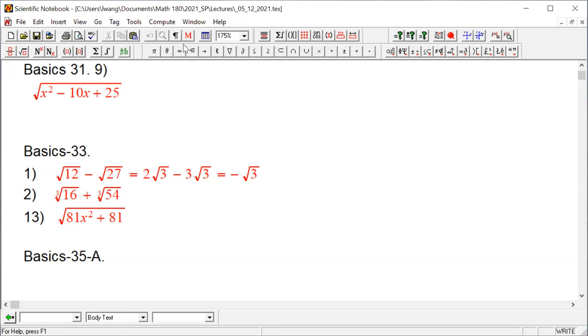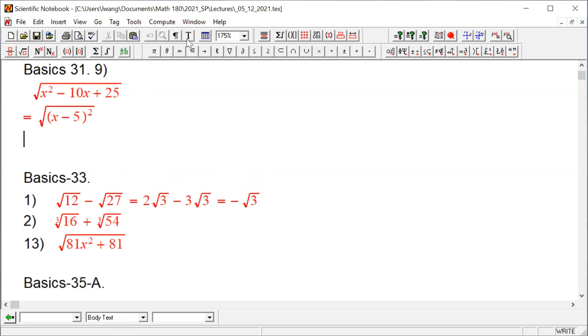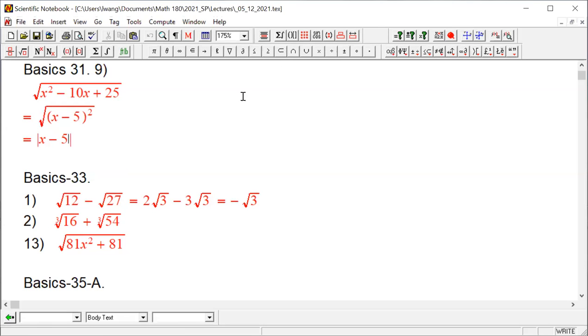Here we recognize it's x minus 5 squared and taken square root. There are a variety of other mistakes, but luckily you did not make those. I'll tell you if I see them. And x minus 5. By this time, you are done.